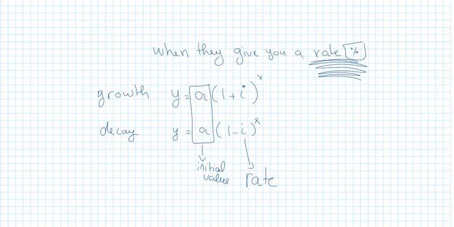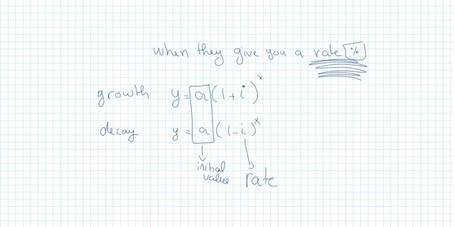You're going to have to ask yourself, do I have a growth or do I have a decay? Then you can pick one of these two formulas. i should always be in decimal.